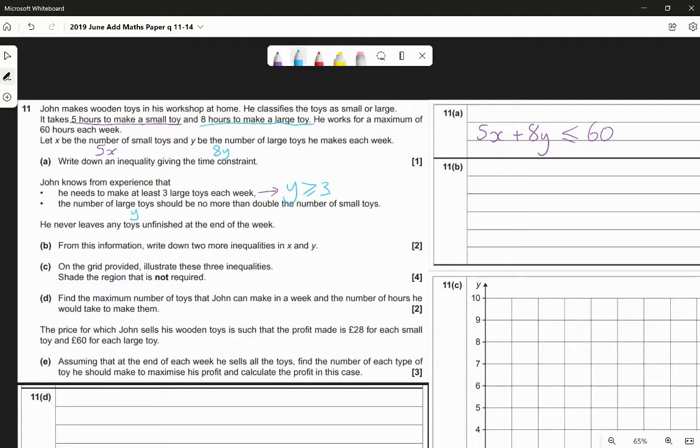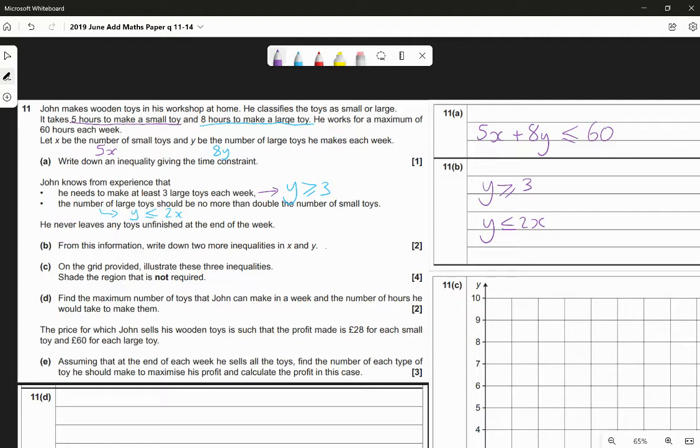So here, y, the number of large toys, should be no more than double the number of small toys, so 2 times the number of small toys, which is x, so 2x. So there's my second one. From that second sentence, y is less than or equal to 2x. So my two inequalities for part B are that y is greater than or equal to 3 and that y is smaller than or equal to 2x.